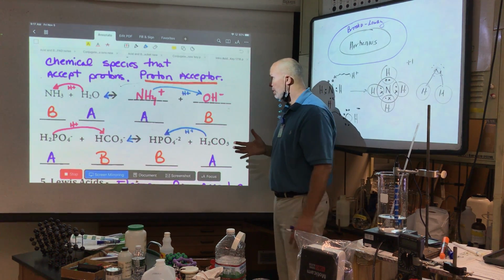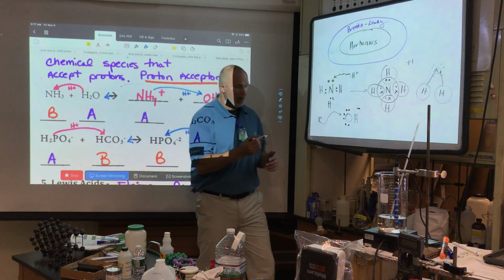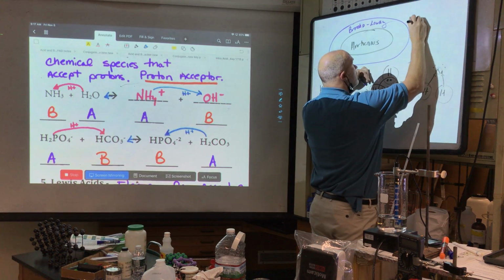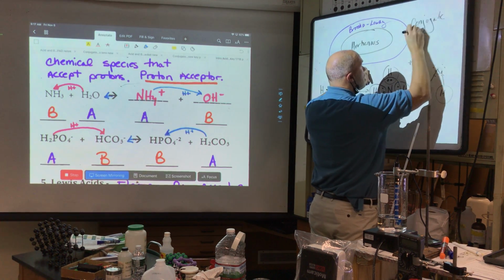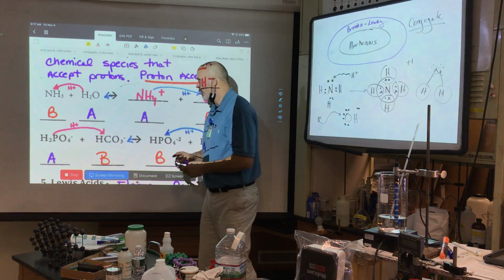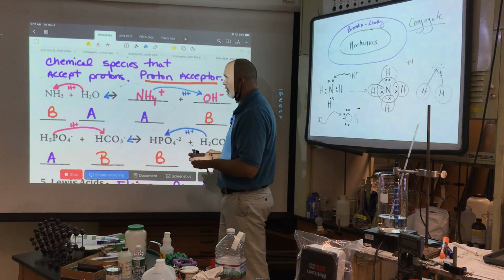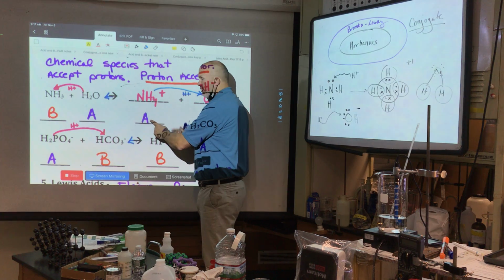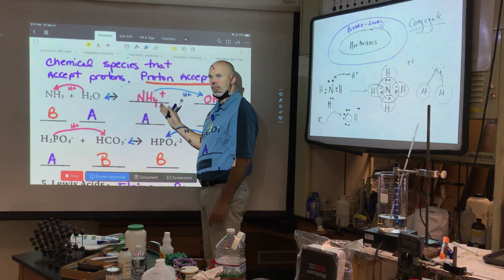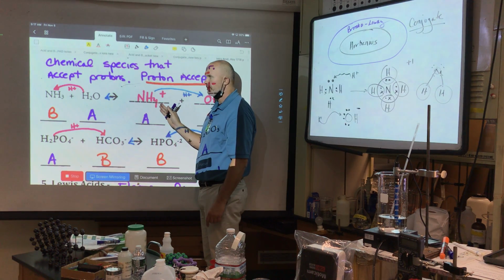Conjugate pairs are the same chemical. I wrote this down. So the word conjugate, this is the same chemical plus or minus 1 H. So NH4 plus is an acid. What is its conjugate base?